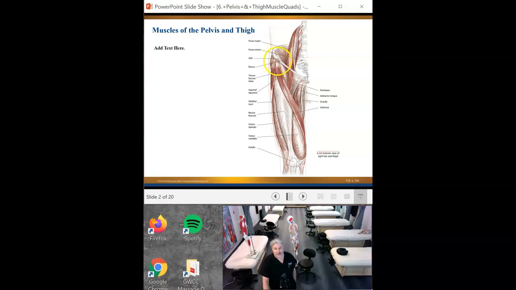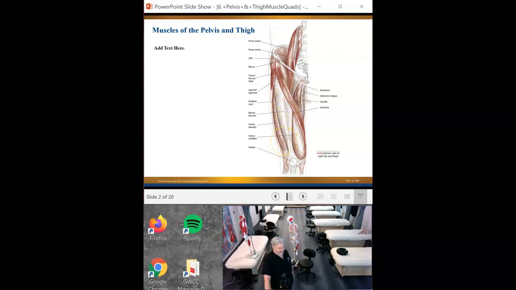By the way, here's the anterior superior iliac spine. And just so we know, here's the sartorius crossing diagonally over these guys. We will talk about this later, but a lot of massage therapists rub over the sartorius and think they're rubbing over a knot, and they go, oh, there must be a knot in the rectus femoris, and they're usually wrong.